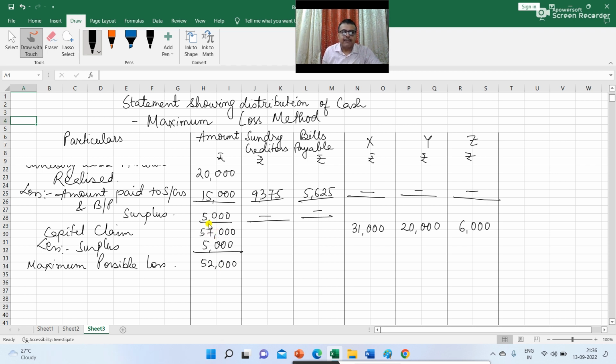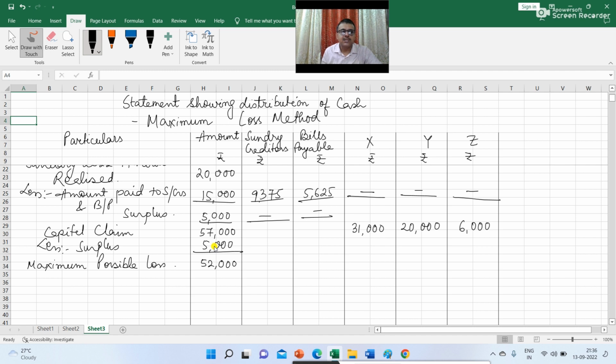So here the capital claim is 57,000, and this is the only amount that is available right now, that is from the sale of assets in January 2022, and it is assumed that nothing will be realized later on. Then what will be the scenario?